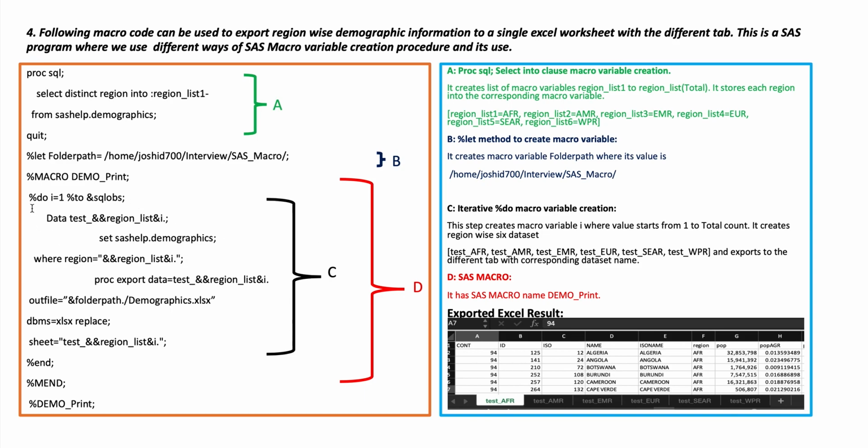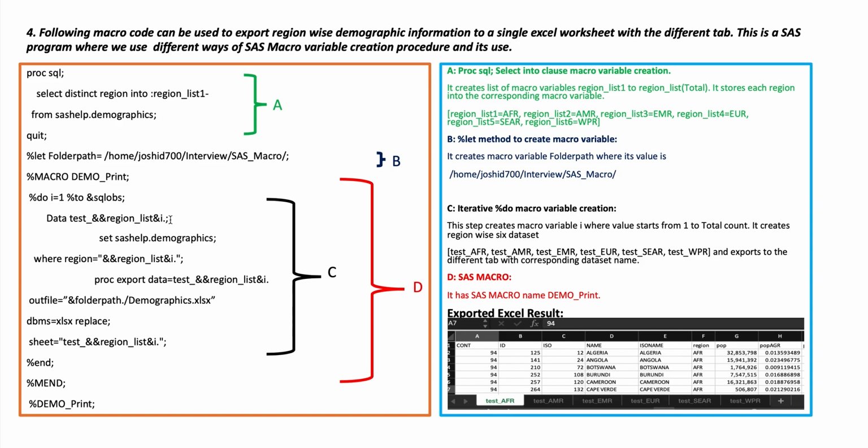Because it starts with %do I = 1 to the total count of regions, and we create data test_&&region_list&I. That means when the value of I is 1, in the first execution, && resolves to a single ampersand, &I resolves to 1, then &region_list1 resolves to its value, AFR.